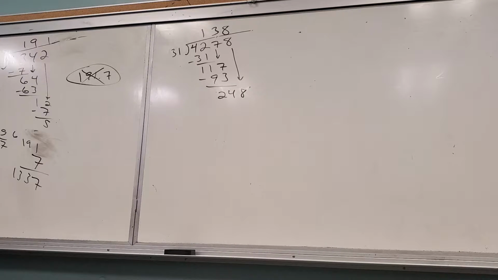What's 7 times 5/7? That's the rest of it, right? The 7s cancel. 5. That's the leftover 5 you need to get it to be 1342. That's why it's 191 and 5/7. Is that a full 7 off from what it's supposed to be? No, it's 5/7 off from what it's supposed to be.